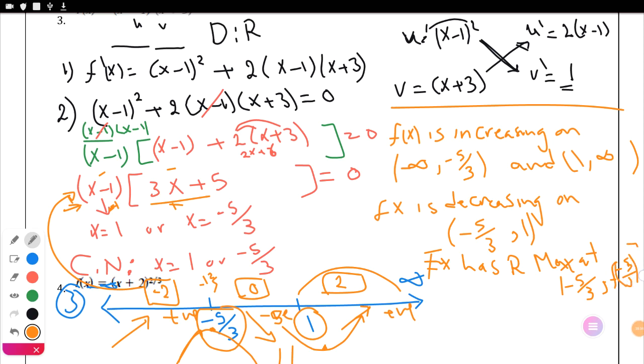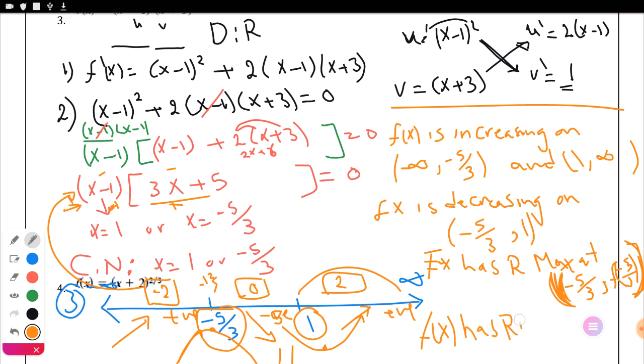You have to replace, okay? Sorry, it is an ordered pair. You have to substitute in the given function to find it by using the calculator.